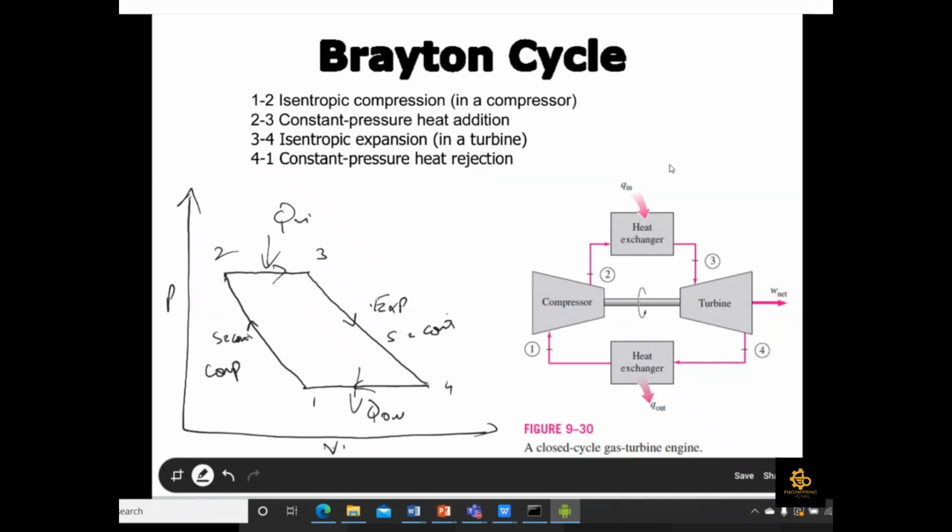So if you have any question, you can ask. Then we will move towards some derivation, which is related to the efficiency, because our end product is to find the efficiency of the cycle. Okay, so we will derive one relation for the efficiency of the Brayton cycle.